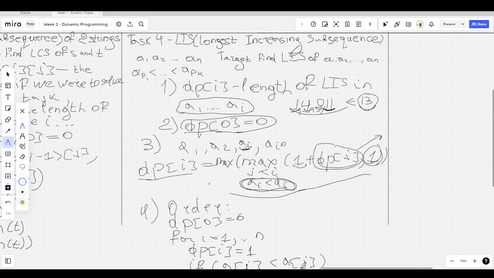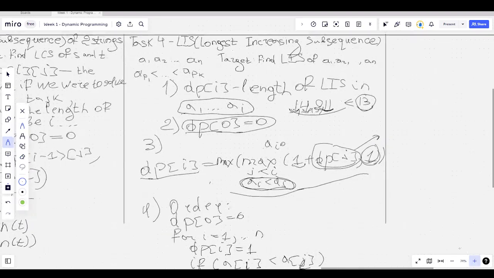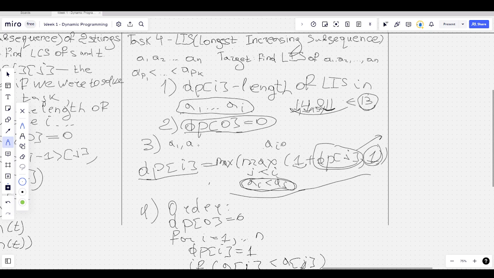We have dp e. Suppose we want to improve our result, and we consider this subsequence a g, and so on, a i minus 1.